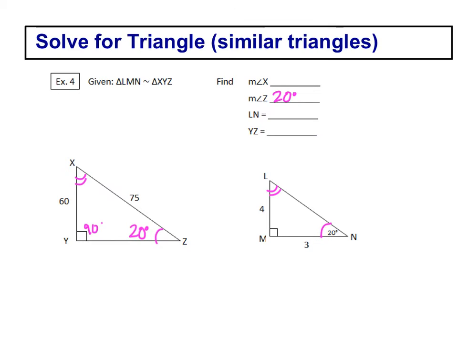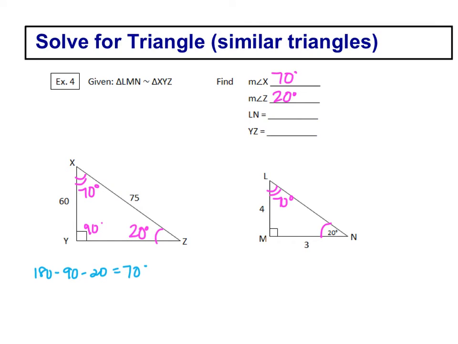You can take 180 and subtract out the 90 and subtract out the 20. And that's going to leave you with 70 degrees. So angle X and angle L are both 70 degrees. All right, so we found our missing angles.